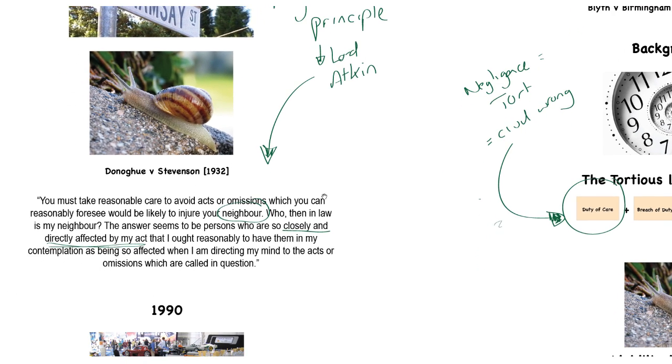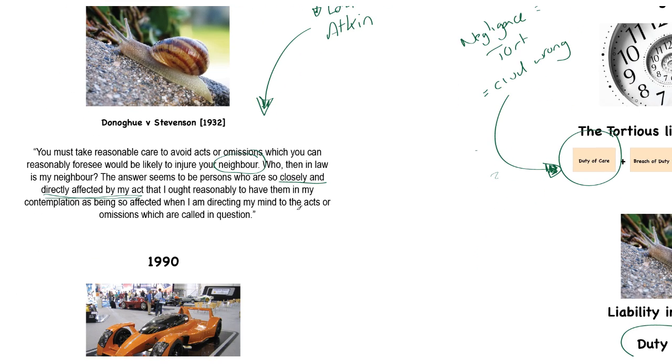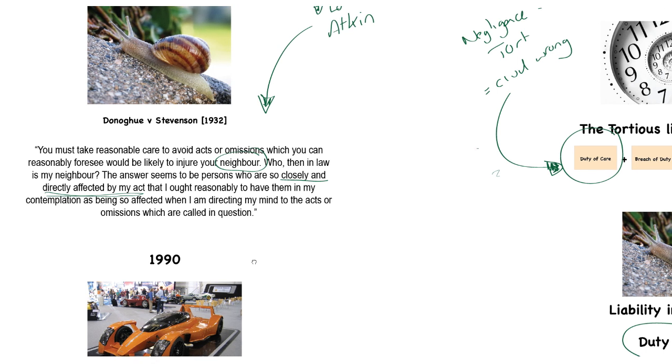A number of cases come out, but as society and culture develops, we find ourselves perhaps with the old Neighbour Principle not covering every single situation that we need it to cover. And in 1990 along comes our second major defining case.